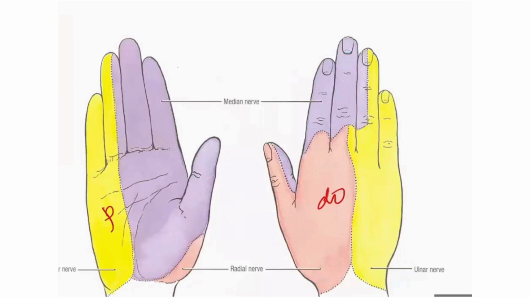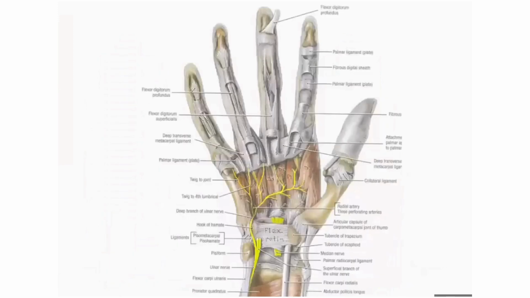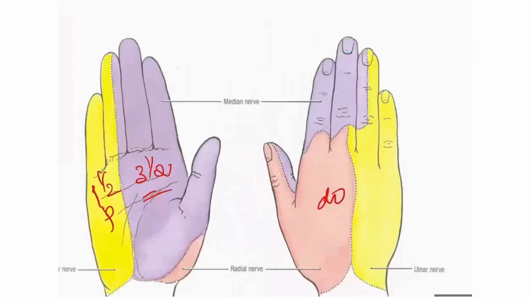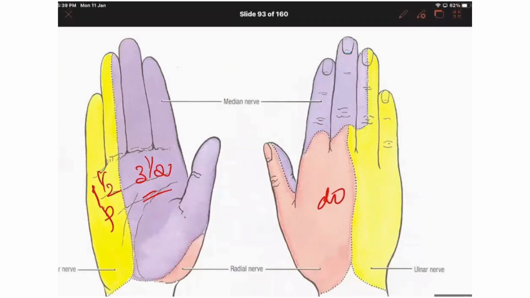Ulnar nerve supplies how many fingers? 1.5 fingers. Here it is 3.5 fingers. Over here, ulnar nerve, again 1.5 fingers. So ulnar nerve is coming to the wrist. It is passing superficial or deep to retinaculum? It is passing superficial to the retinaculum.